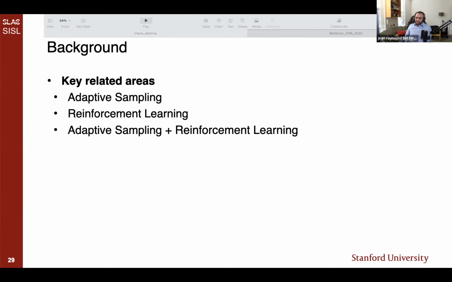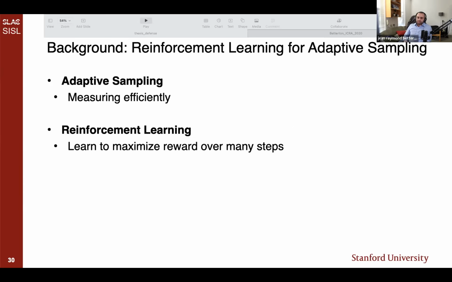So lastly, I'm just going to touch on how we can combine adaptive sampling with reinforcement learning, which is really the foundation of the work that we've done. Our approach is really straightforward. In adaptive sampling, we choose measurements to take with the X-ray beam in an attempt to measure as efficiently as possible. This is a sequential problem. Reinforcement learning provides us with a way to maximize some reward over many time steps, i.e. sequential problems.